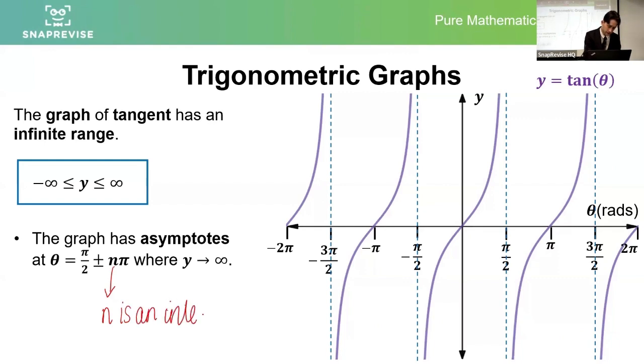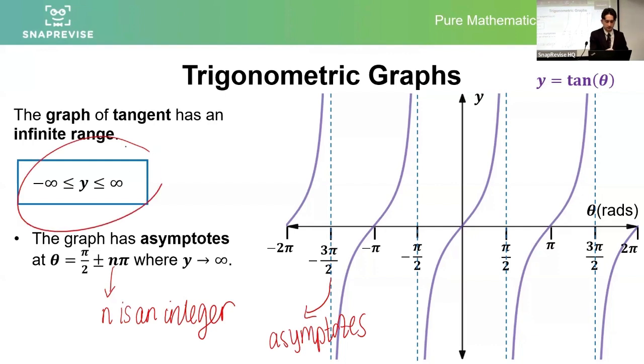It's important that we know where the asymptotes are, so there are graph breaks. Here, the range is anything, from negative to positive infinity, so quite different from the sine and cosine graphs.